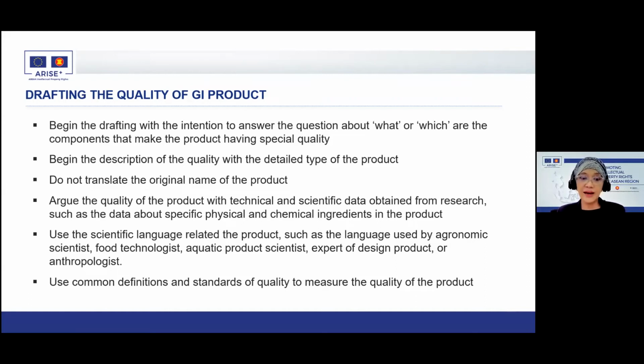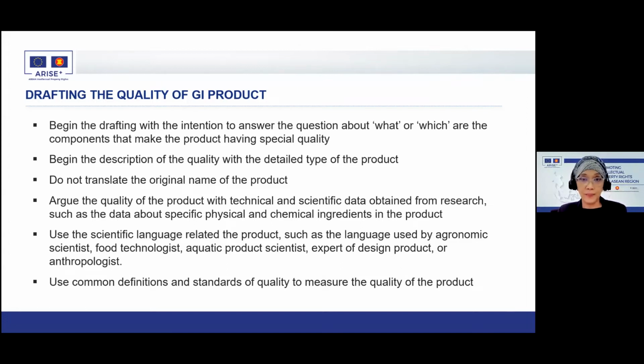Use the scientific language related to the product, such as the language used by agronomic scientists, food technologists, aquatic products scientists or specialists, experts of design products, or even anthropologists.